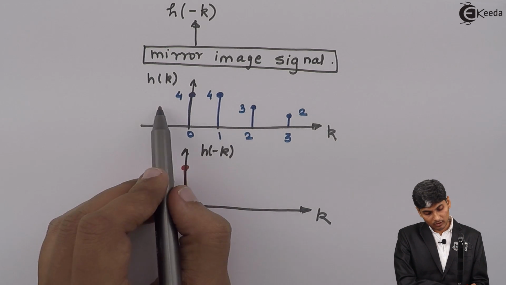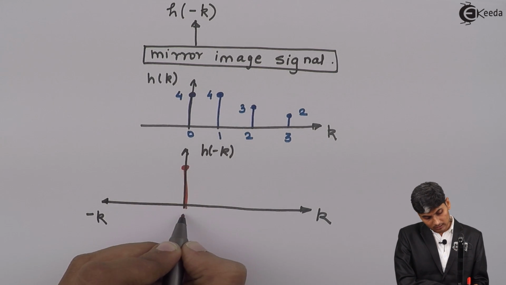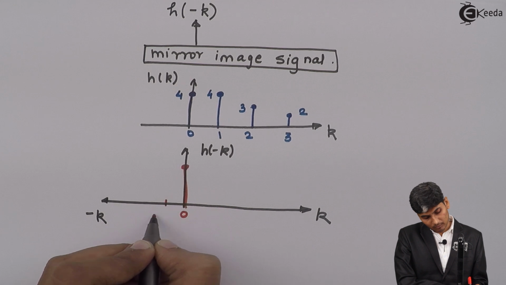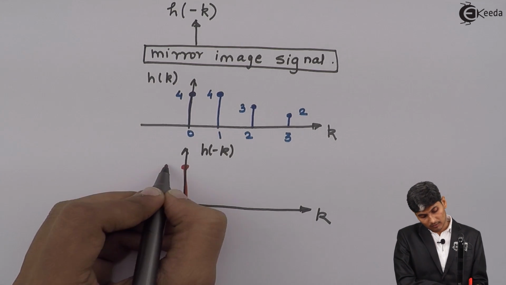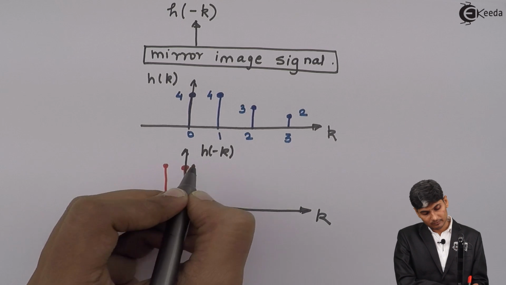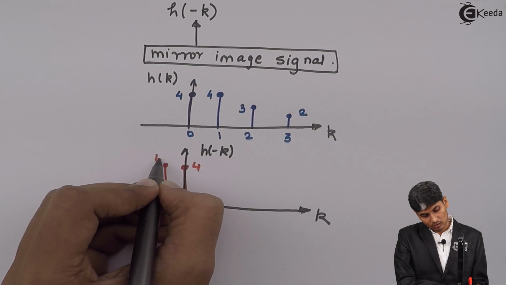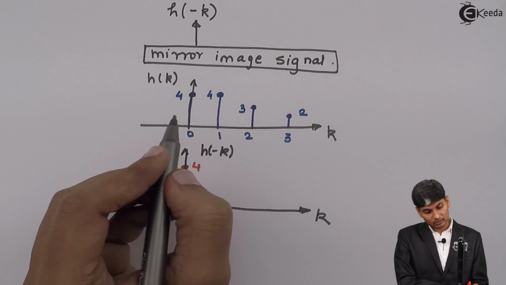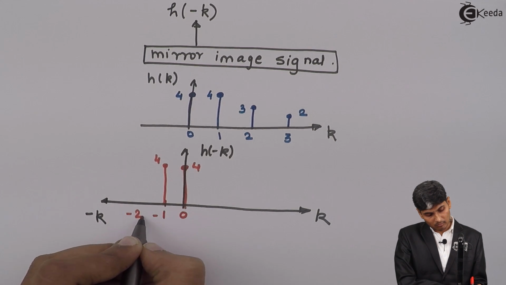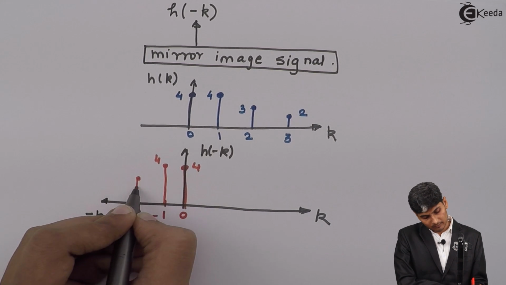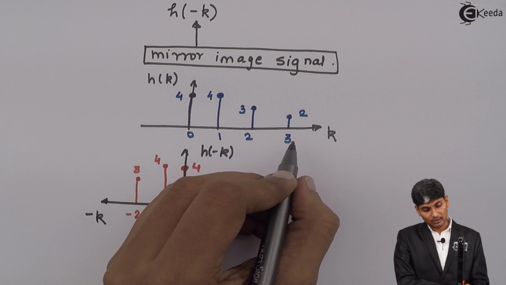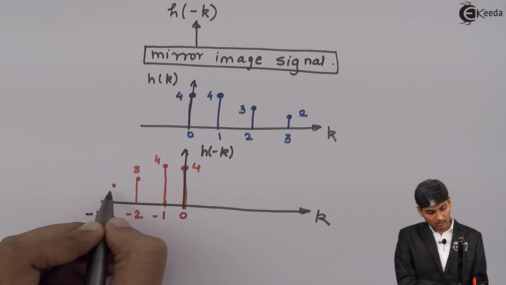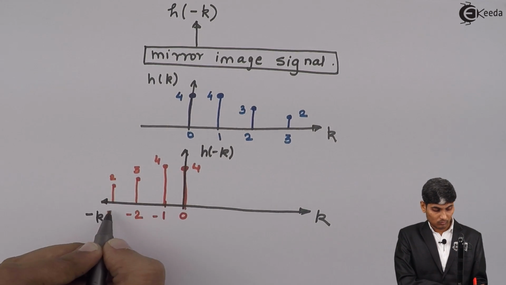I will shift this on the other side, that goes, this is my 0th point. Now, the first point is minus 1, which is also 4. So, this is 4, 4. I will mirror this on the other side, it goes as minus 2, which is at 3, and finally 3 goes over there as 2.